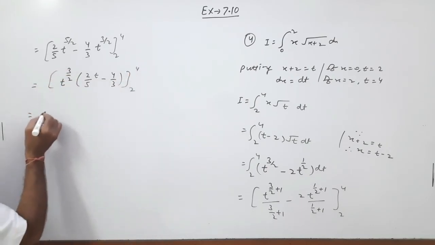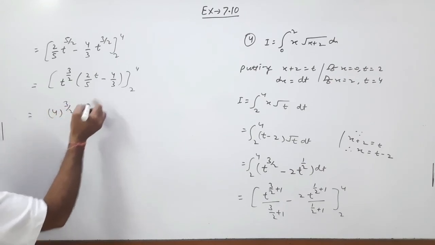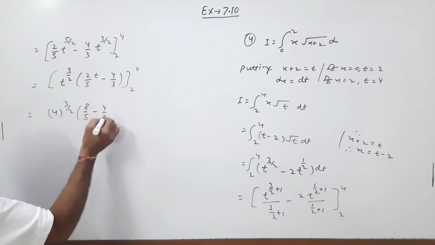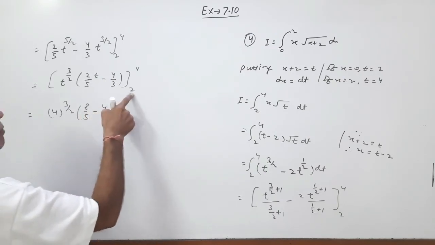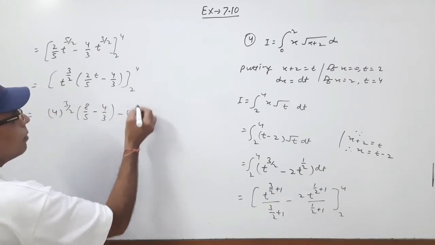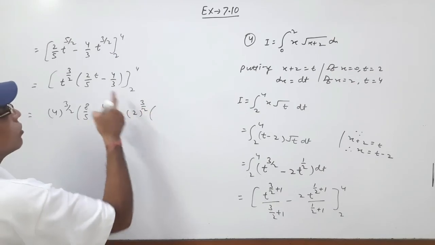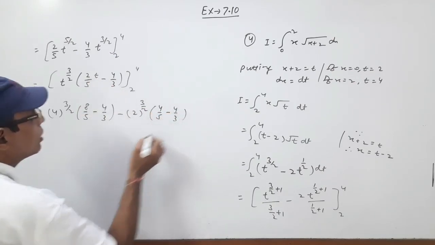Now we take the upper limit 4 to the power 3 by 2, and 4 to the 8, 8 upon 5 minus 4 upon 3, minus the lower limit 2 to the power of 3 by 2, and in the bracket 2 to the 4 upon 5 minus 4 by 3.